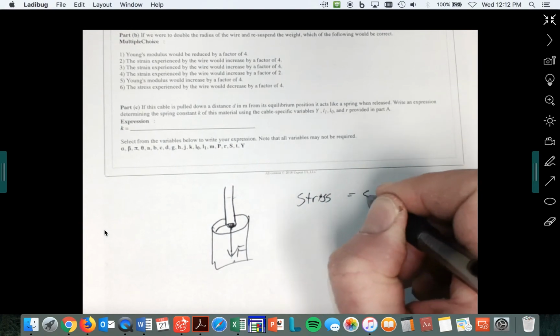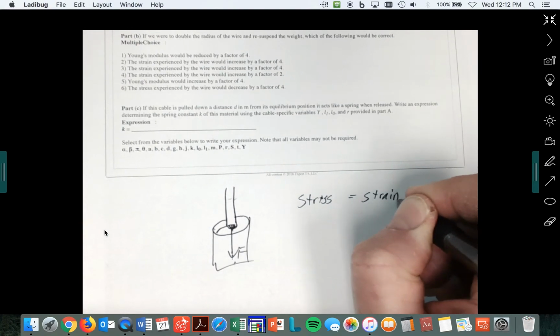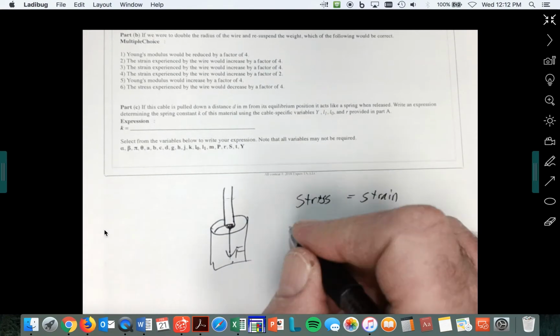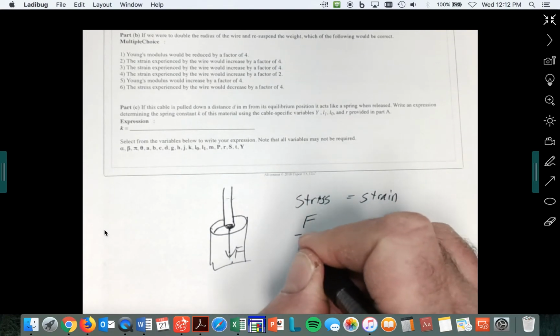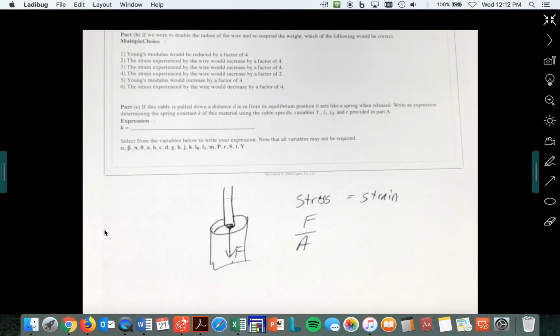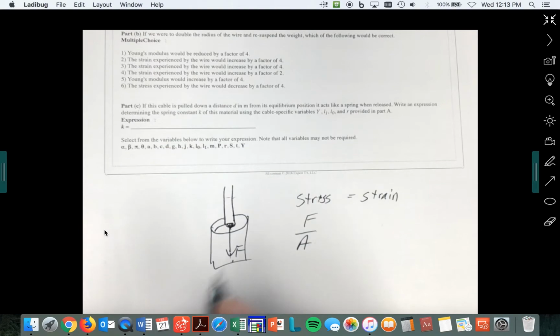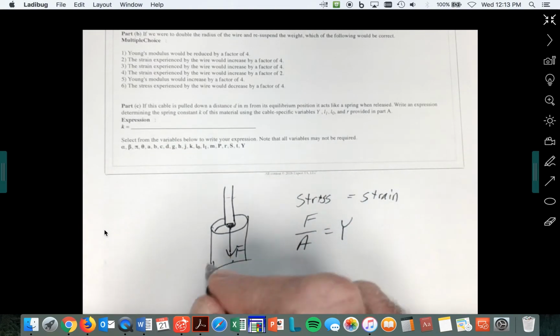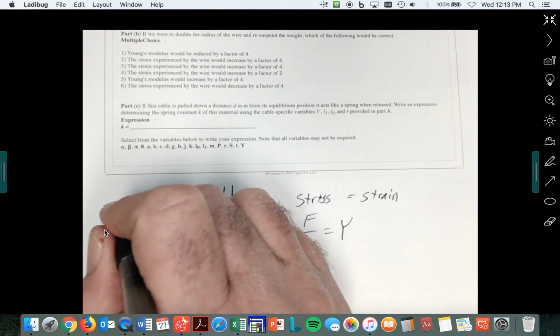The stress is equal to strain times Young's modulus. That's what the Young's modulus thing is all about. And the stress is equal to the force divided by the area. Stress is also related to pressure. It's the same thing as pressure. Then we have this Young's modulus, Y, for a material, and that's material dependent.